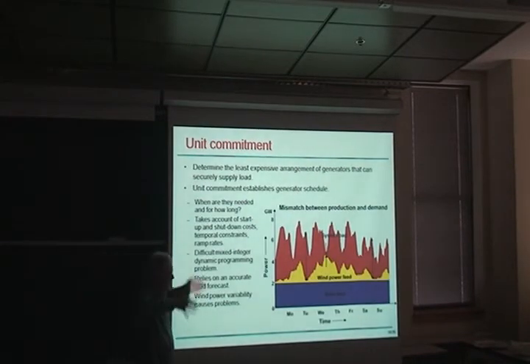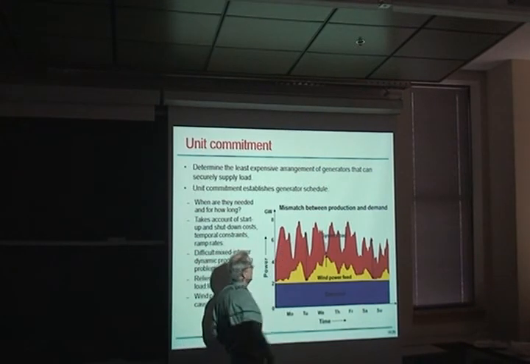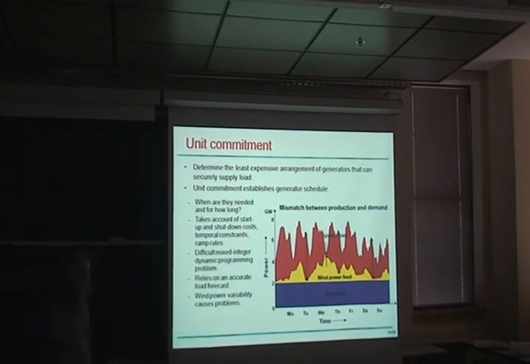So when you take a daily load cycle and put it into a week, you start to see a pattern that looks like that. And the process of unit commitment is to establish which generators should come into service and when they should come into service. So it's a big optimization that is based on a forecast of what the load is going to be like.